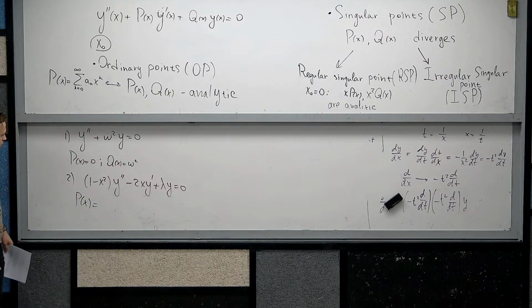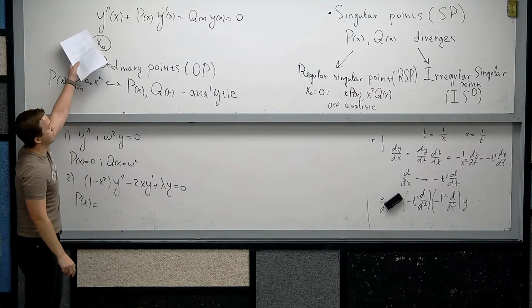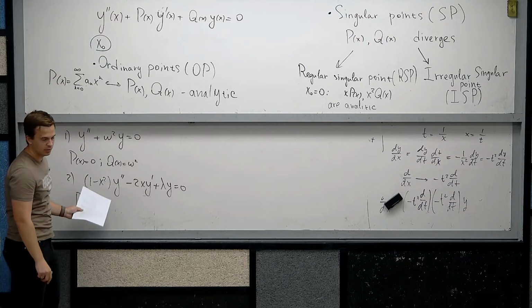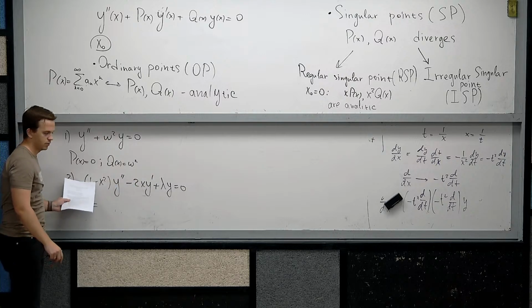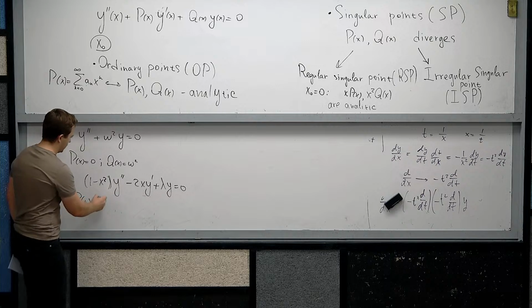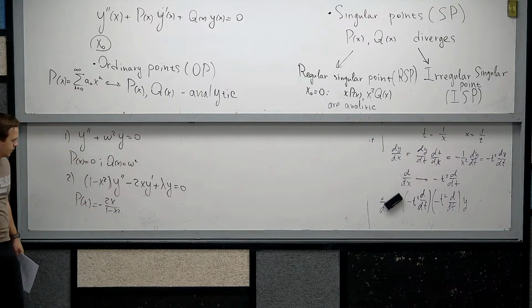Negative 2x. Look at this equation. The first coefficient should be 1, so we need to divide the whole equation by this coefficient, and then it's minus 2x divided by 1 minus x squared.